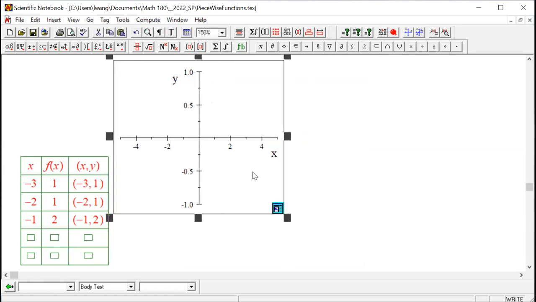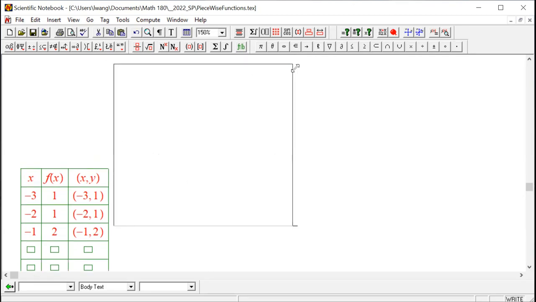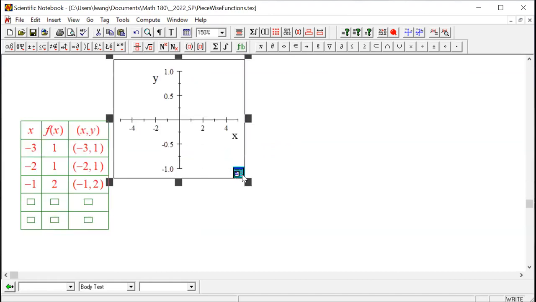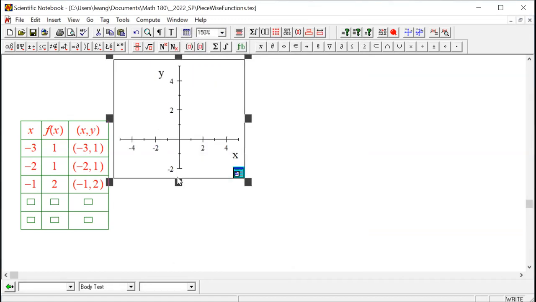All right, so now this function we have, I'm going to make some adjustment for the scale, for the view. So I'm going to have -5 here. So maybe here is just -2 and 5. Okay, that should be proper.